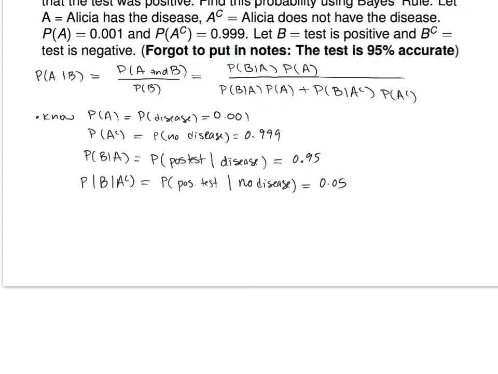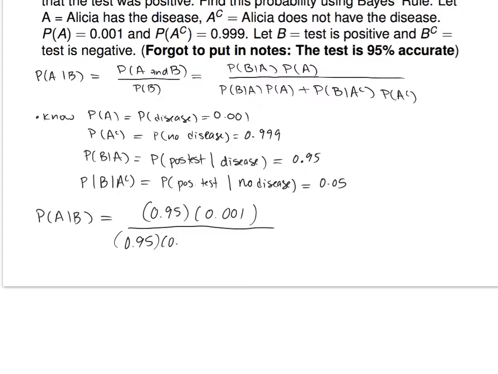Okay. And then plug everything in. So P of A given B equals. So what goes in for B given A? 0.95. P of A is 0.001. Great. Over 0.95 times 0.001 plus 0.05.